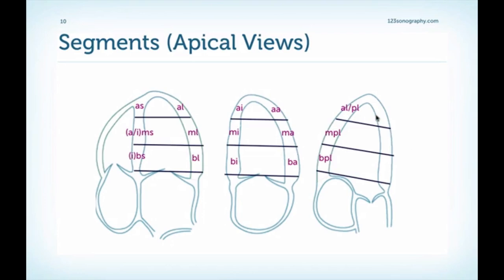Remember, we only have one segment. We have fusion of these two segments here. The apical septum, only one portion or one segment of the septum in the apex. The mid septum, which is usually the anterior septum we see here, and the basal, usually the anterior basal septum, we see here.